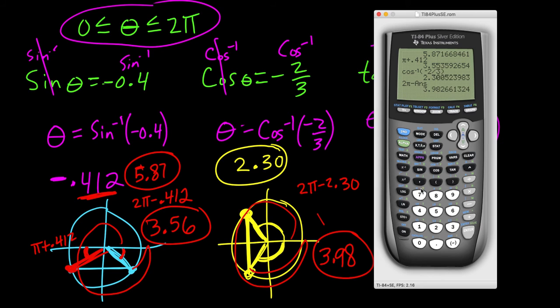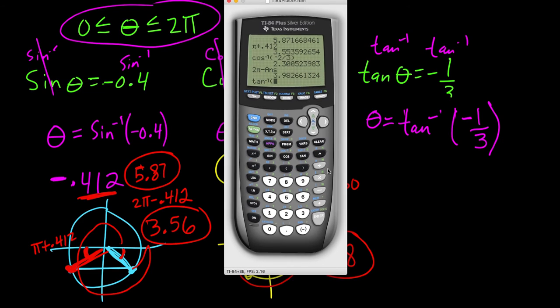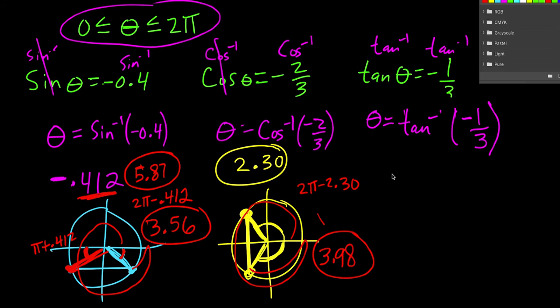Alright, last one. So we're going to go second tangent of negative 1/3. We get negative 0.322. Okay, that's not one of our answers because it's negative.